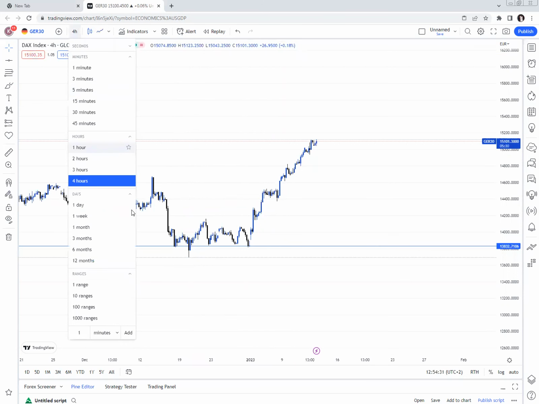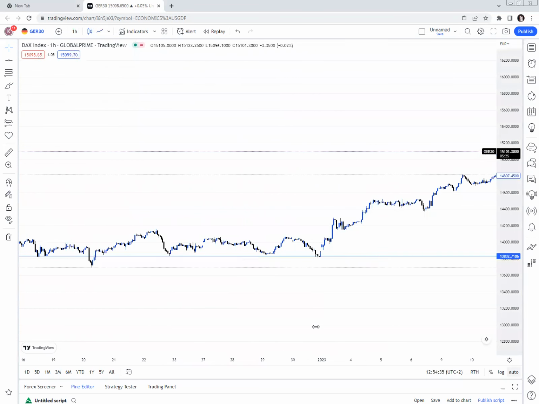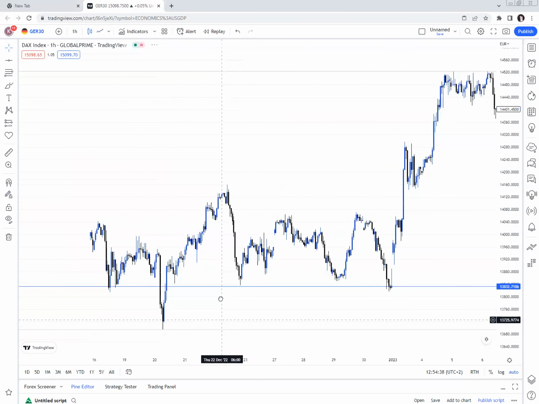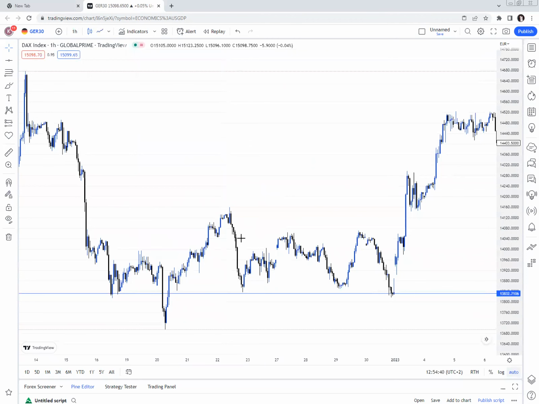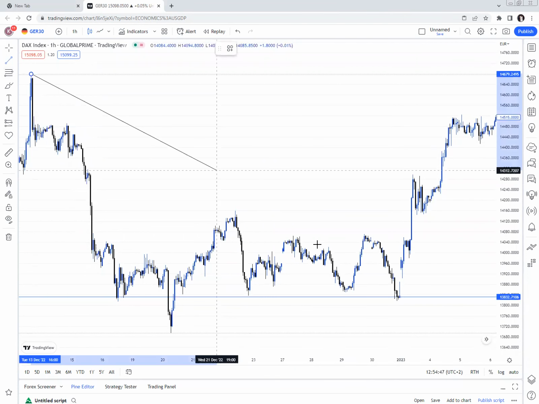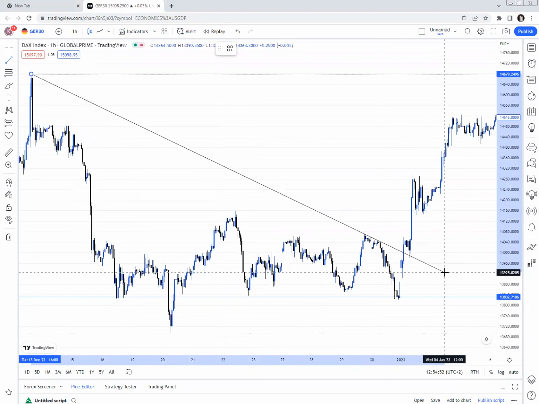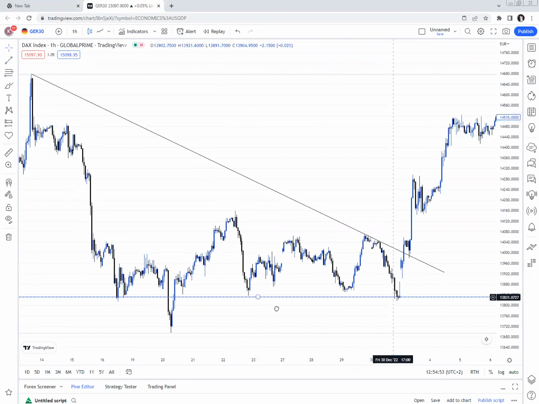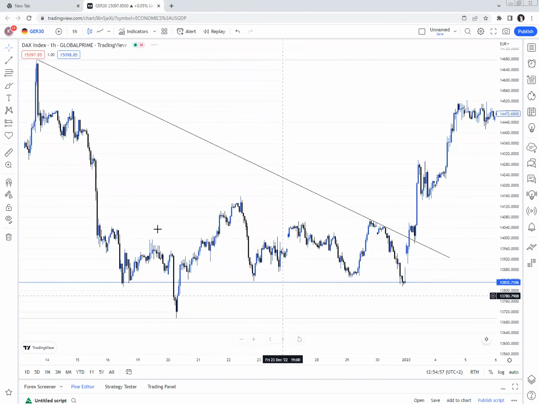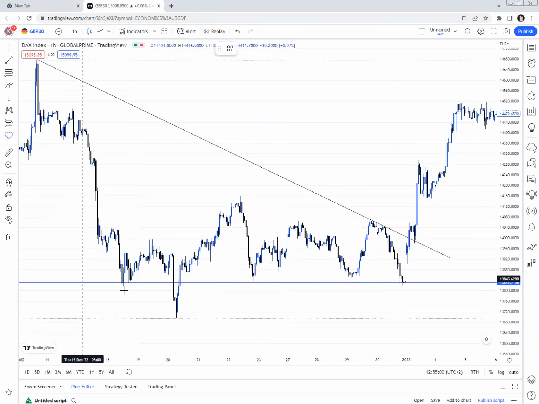Go to our smaller time frames to get more information on what's happening. From here, we'll see that there was a strong downtrend there. Don't forget the touches, guys. The touches were here. Here's our first touch.